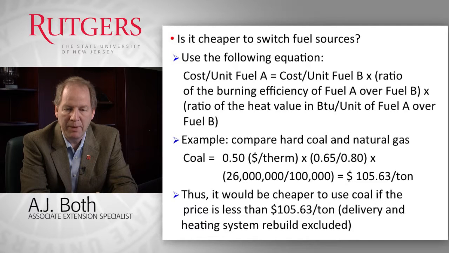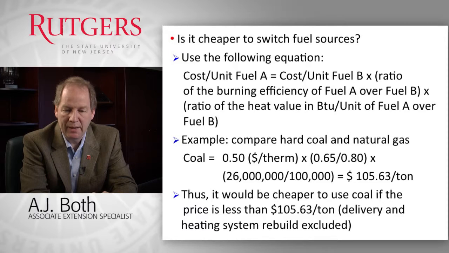And then you need to multiply it by the ratio of the heat value of those different fuel sources. So it's 26 million BTUs per ton of coal divided by 100,000 BTU per therm of natural gas. And if you do the calculation, you notice that the coal price should be less than $105.63 per ton in order to make a switch from natural gas to coal attractive.